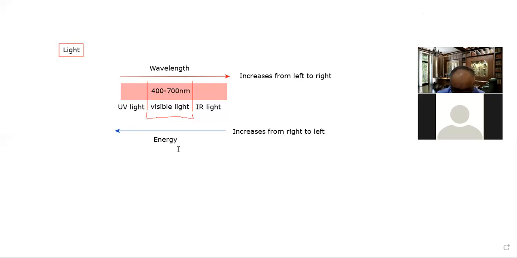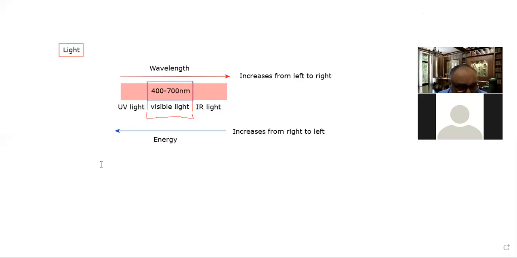Now we were talking about the visible light. The important point to be noted here is that it is the visible light in which plants do photosynthesis. So plants require visible light for the purpose of photosynthesis. Please bear this in mind.